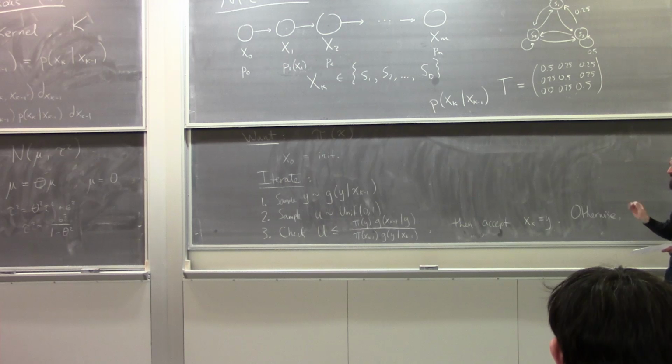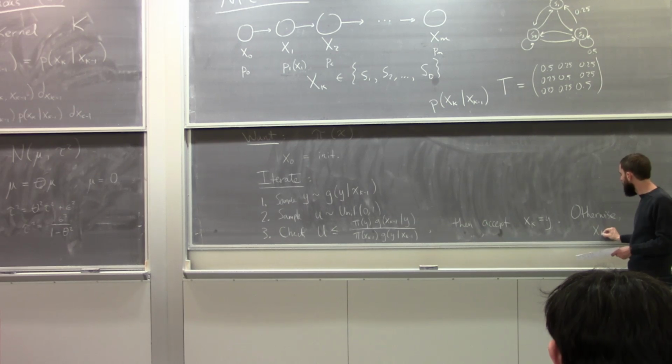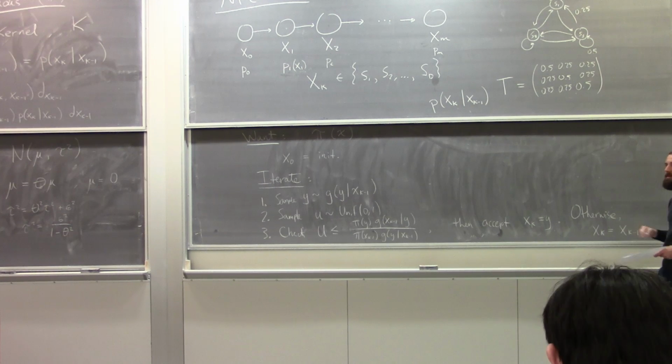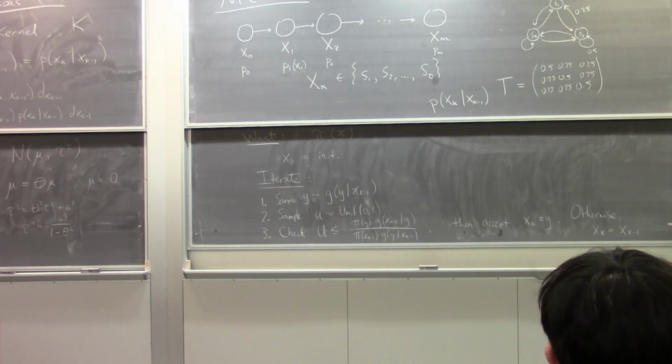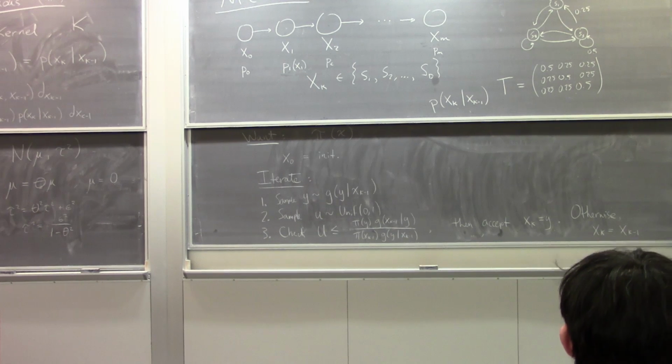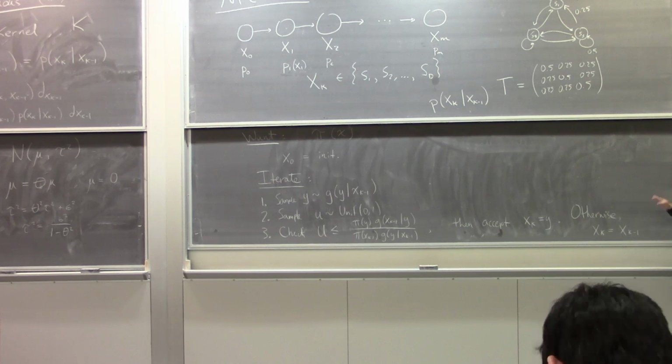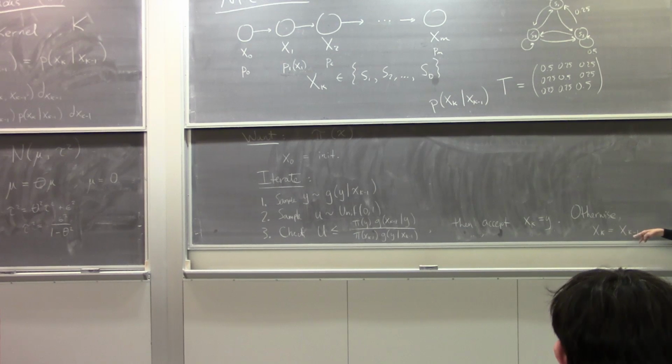What it means is that you actually use the previous sample as the new sample. So you just repeat the previous sample. When you reject, you're still getting a sample. It's not a very useful sample, it turns out, but it should still be included. So you can get stuck for a little while if you reject several in a row. You can get stuck with the same value, but that's what you're supposed to do. You keep repeating that sample every time you reject.